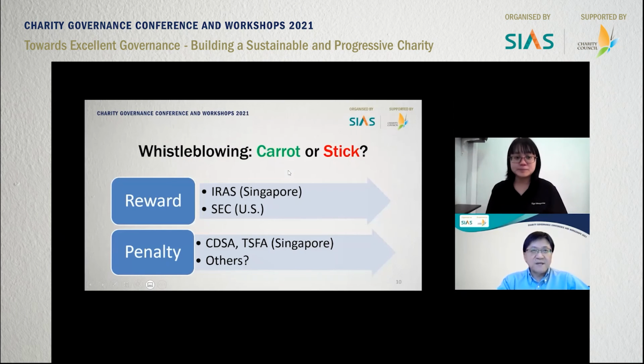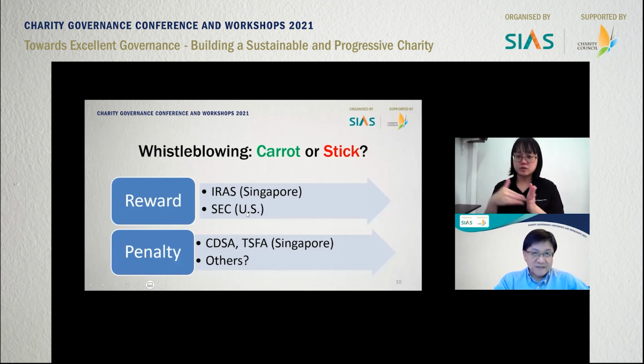Now, globally, here in Singapore, we do have a reward scheme. If you are able to help the IRAS detect tax evasion, you can get up to 15% of the amount recouped, or 100,000.